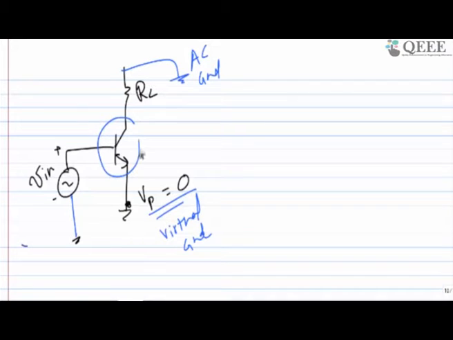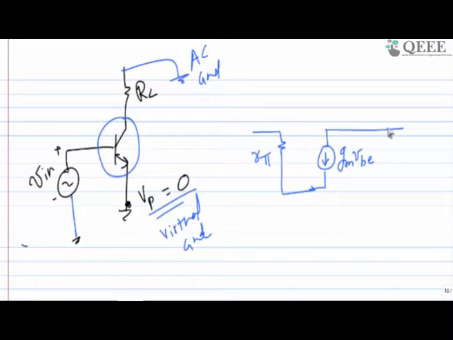And if I replace this transistor with the previous circuit, how should it look? It has to be R pi, there has to be GM times VBE, and the output of this one has to be R0. This is base, this is collector, this is emitter.